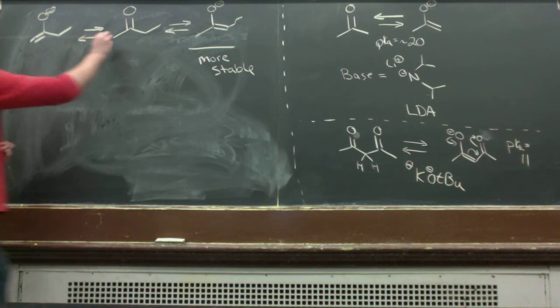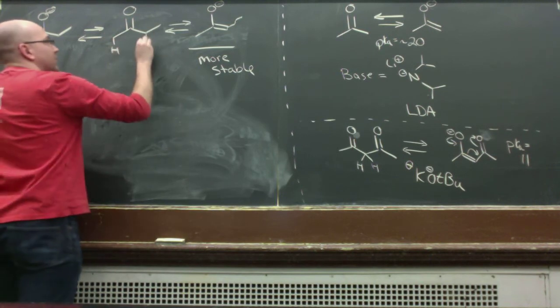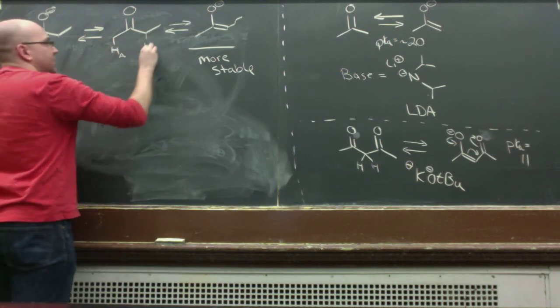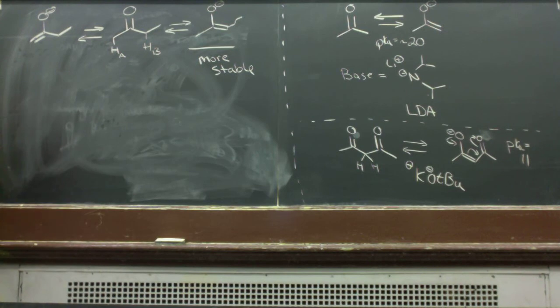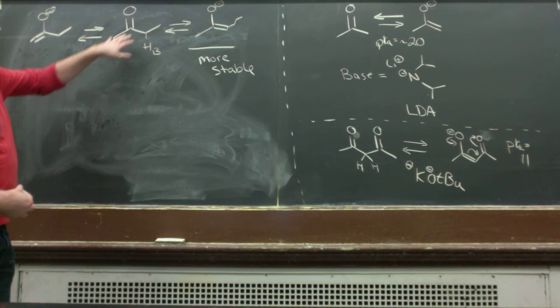If I'm talking about the actual deprotonation, right, HA or HB. HA. Why would HA be kinetically more accessible? So from a steric standpoint, right, HA is more sterically accessible, right? So in this way, you'll do that kinetically.